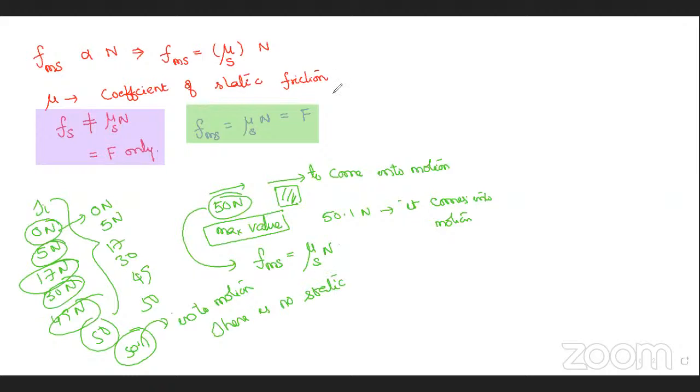You have to give another name for the frictional force; it is not the static friction. Out of all these, all are static friction. The formula mu s into n is used only to find out the maximum, 50, not 49 or 30 or 17 or 5 or 0.